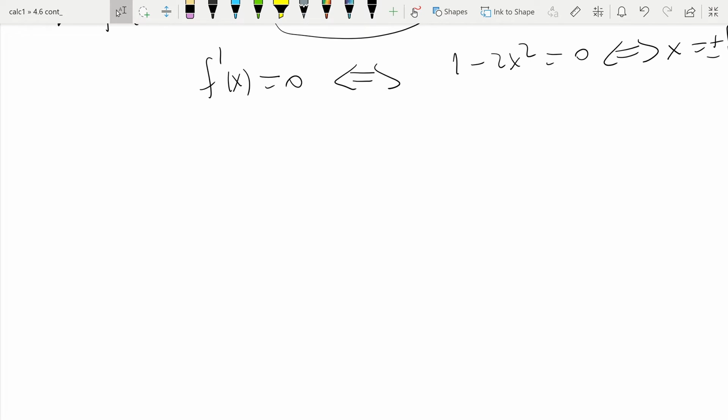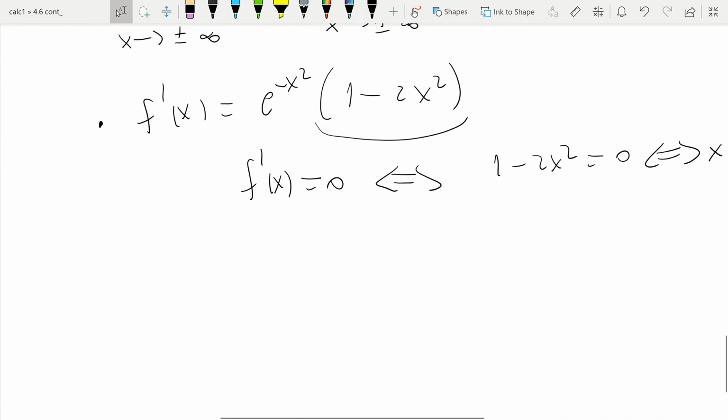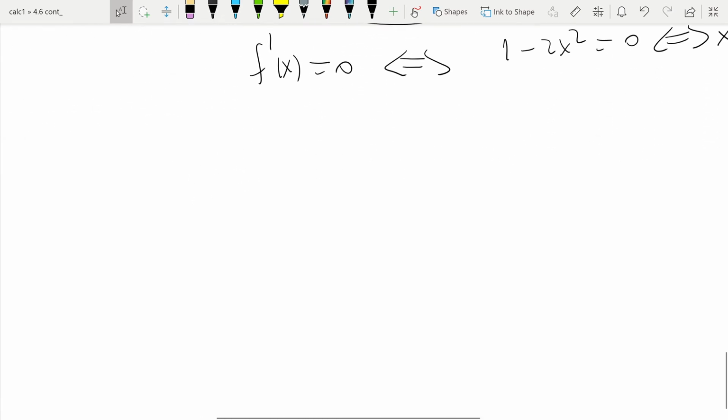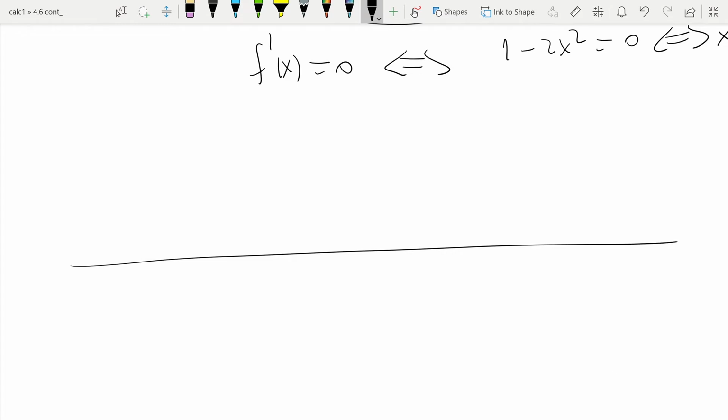So that divides the real line into pieces. If we want to find out about the increase and decrease of the function f, then we need to look at the critical points, and we know that in between consecutive critical points the sign of f prime is fixed. So the two critical points are minus the square root of 1 over 2 and the square root of 1 over 2.